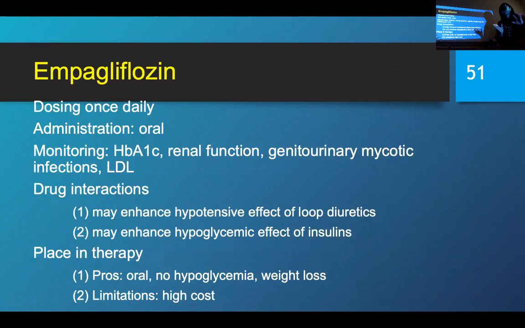Now let's switch gears and focus on our medication, empagliflozin, the SGLT2 inhibitor that's dosed once daily and administered orally. We need to monitor, as discussed earlier, the A1c, renal function, and any genitourinary mycotic infections. We need to monitor patients' LDLs.